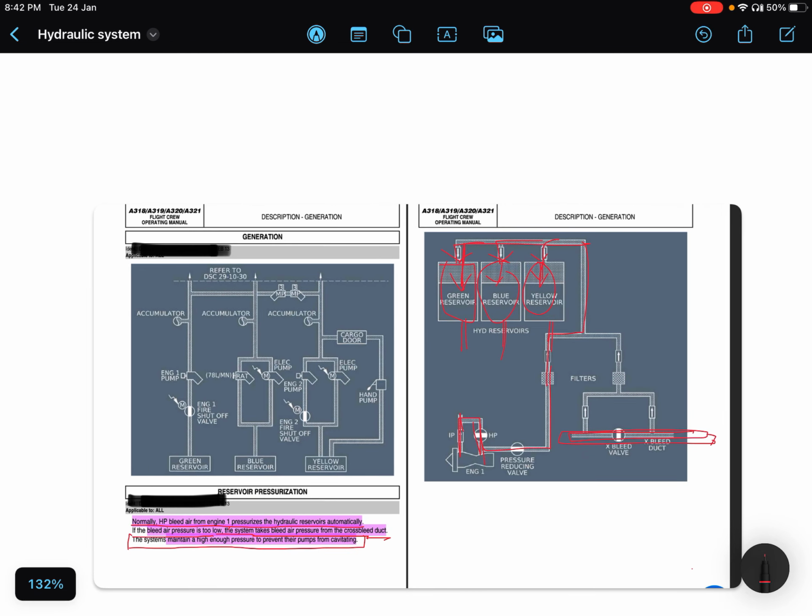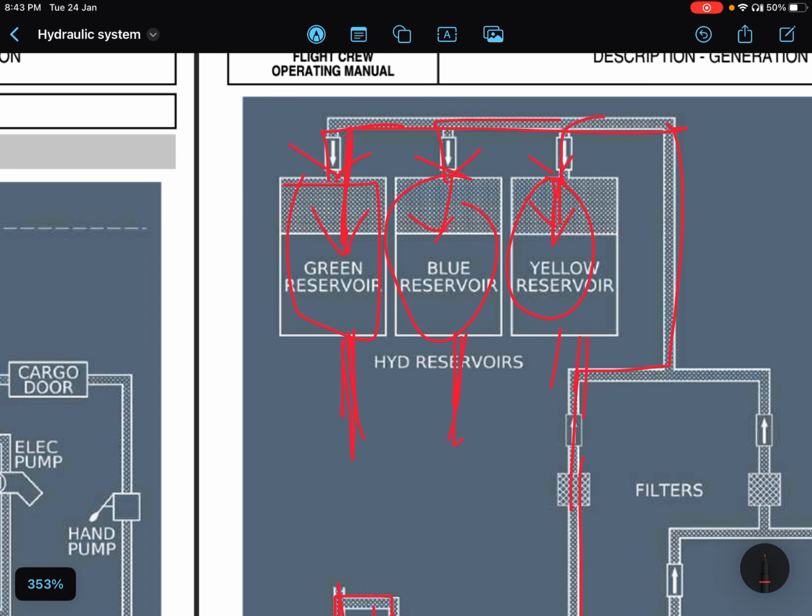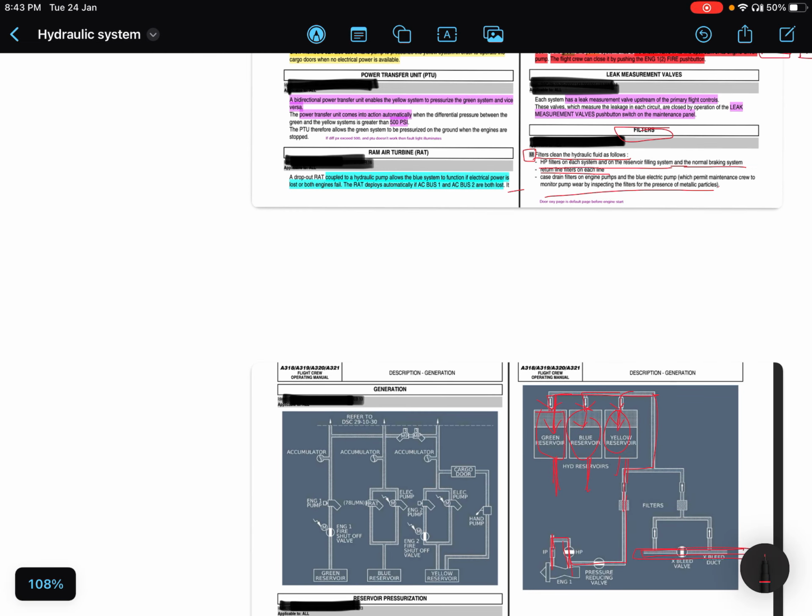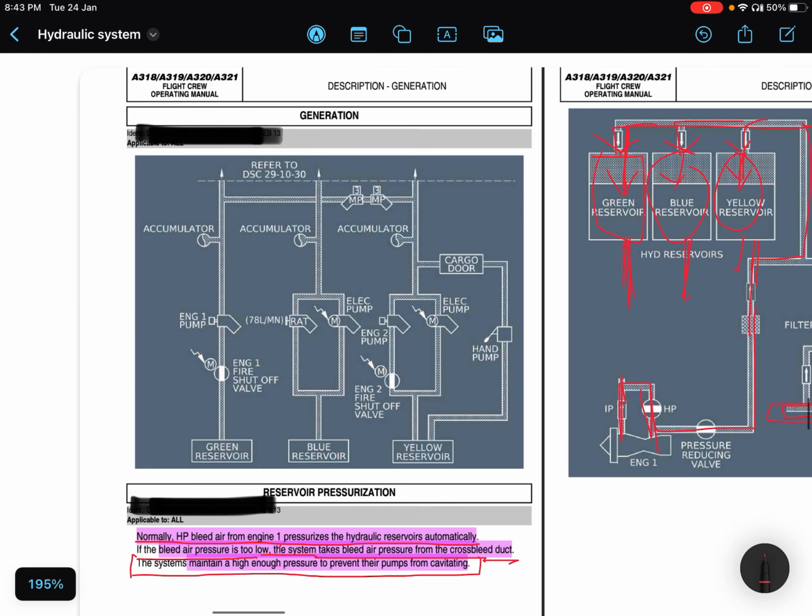Otherwise, the fluid goes directly to the pumps after the fire shut-off valves, and the pump will have cavitation because of bubbles bursting. There will be bubbles in the fluid if it is not pressurized, and they will damage the pumps.